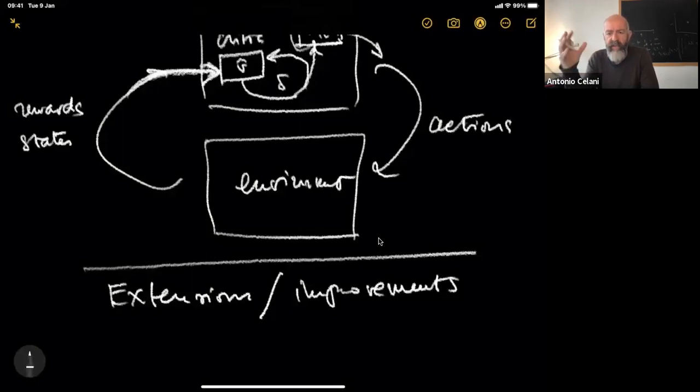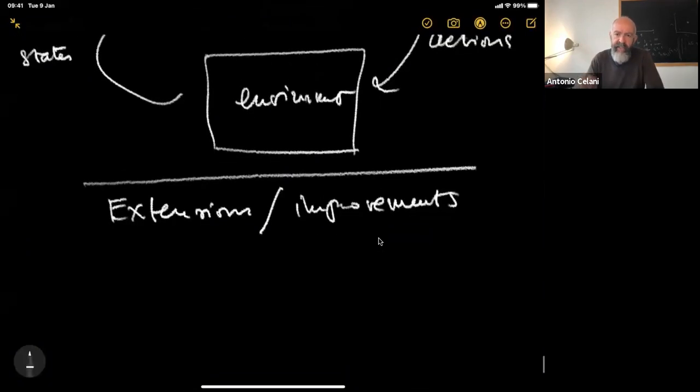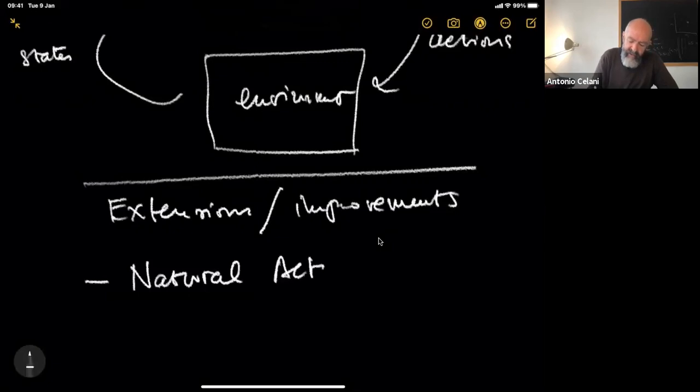I will not discuss all these aspects, which are nevertheless very important in obtaining practical results in difficult problems. What I want to focus the most on in these last minutes is one particular extension, which goes under the name of natural actor-critic algorithms.